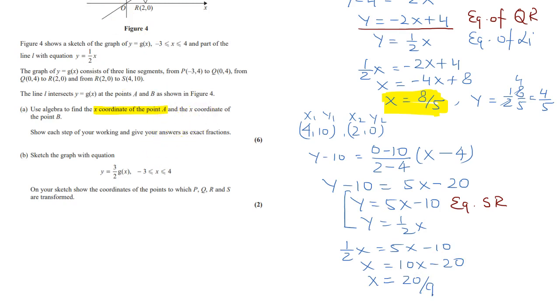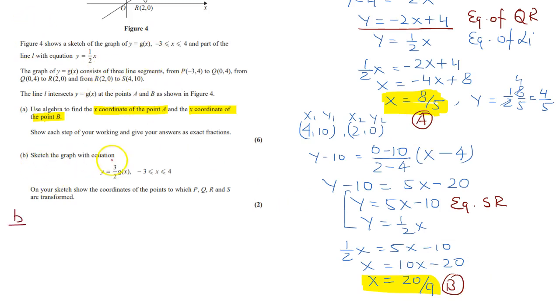So that is the x coordinate of point B. This is point A, the x coordinate of point A, and this is the x coordinate of point B.